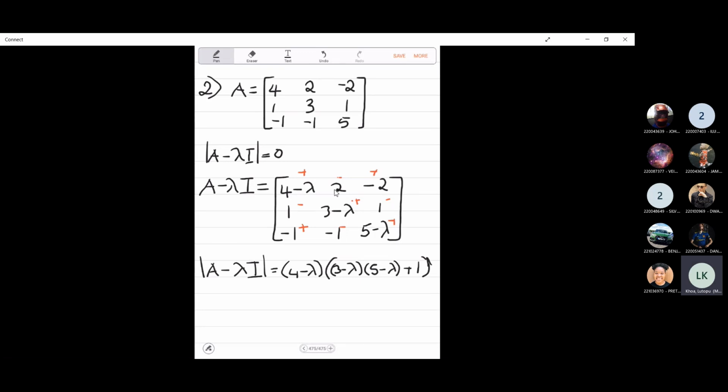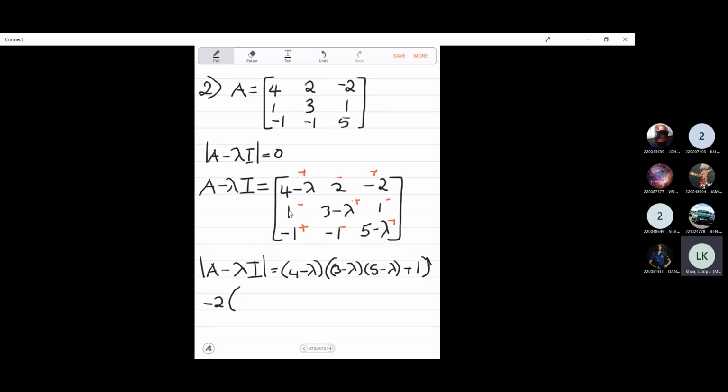Then we move on to the second entry in the row, and this one has a negative. So we have -2 multiplied by, we remove the row that it is in and the column that it is in. You can see the matrix we're left with is this one, that one, that one, and that one. And then we work out the determinant of the matrix that we're left with.